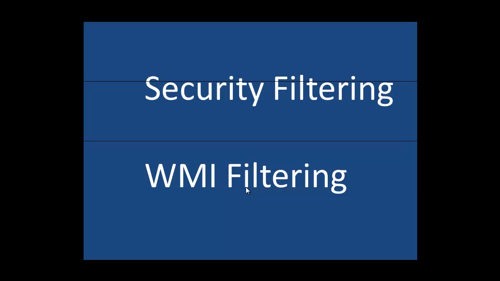An example of this perhaps would be you want a policy to apply only on computers running a particular Windows operating system, or only on computers that have a certain amount of free disk space, etc. In short, you want to say, using the WMI filtering, that you're only interested in specific computers for this particular GPO. And we're going to go through both of these concepts, and see how they work.